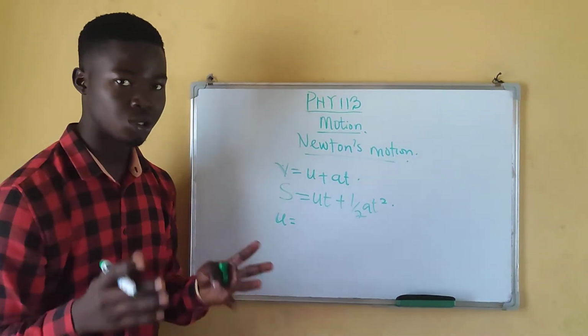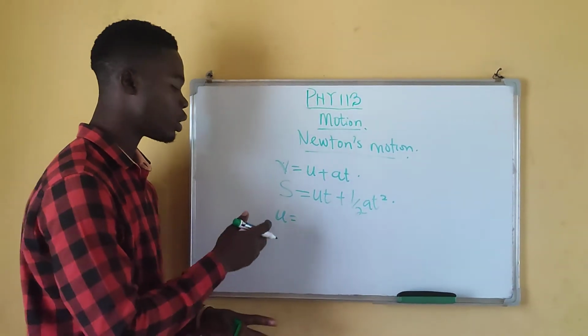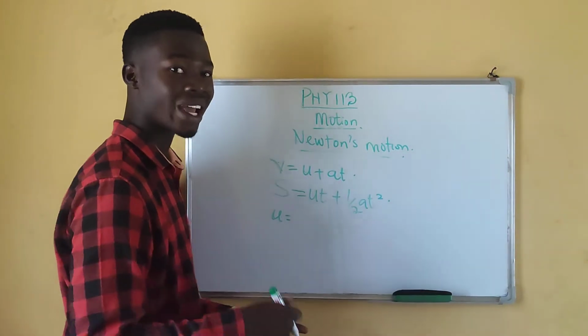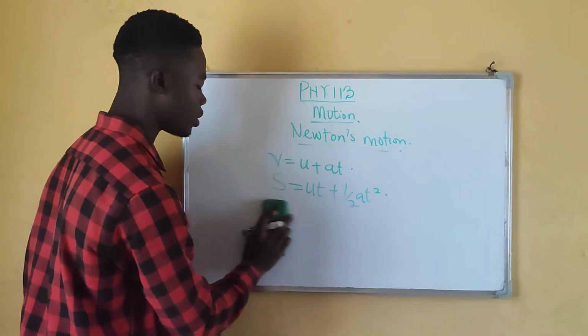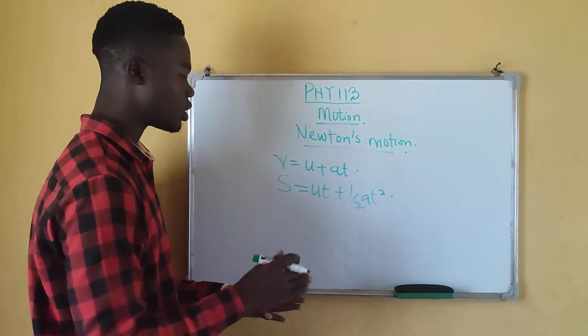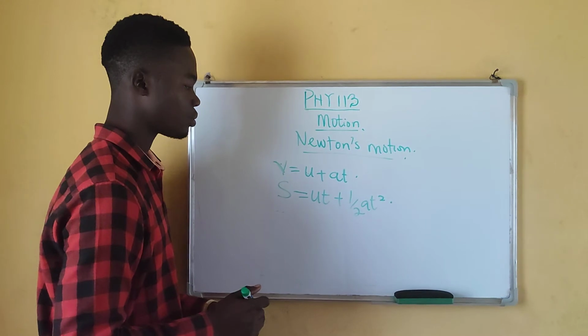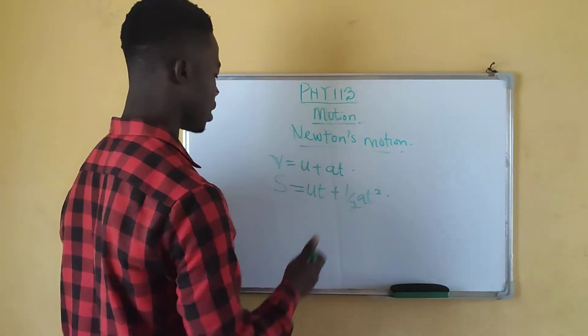From the question, you can deduce that the body is either stationary or already in motion, while the final velocity is the velocity before the body comes to rest. So we have U, we have V, we have acceleration, and we have time.